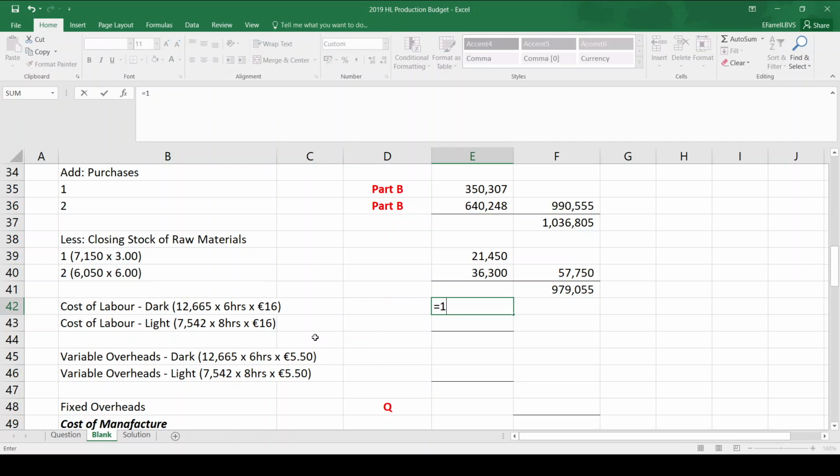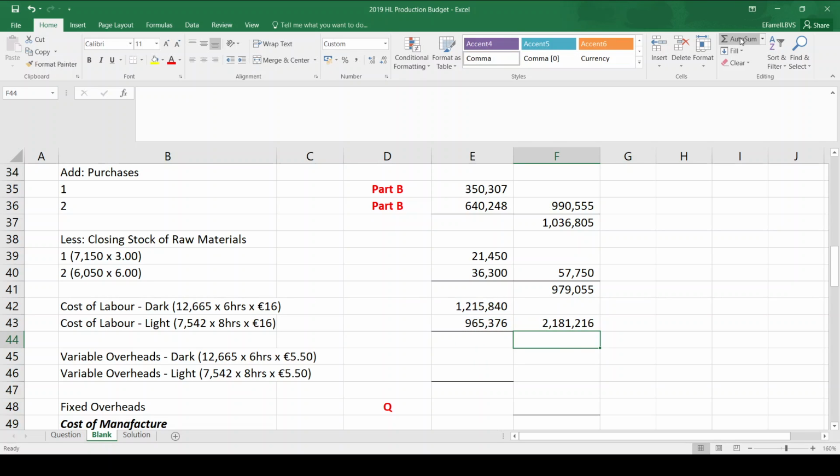So labor for dark, 12,665 units by 6 hours to make a unit by €16 per hour. And for light, 7542 units by 8 hours by €16 per hour. So in total then, the cost of labor is going to be 2181216.